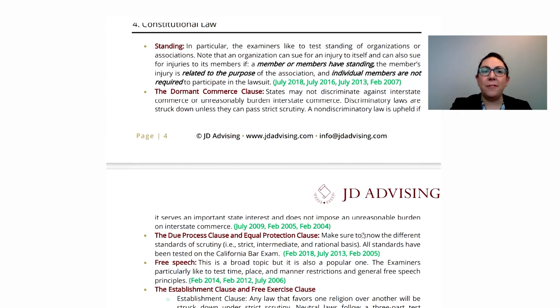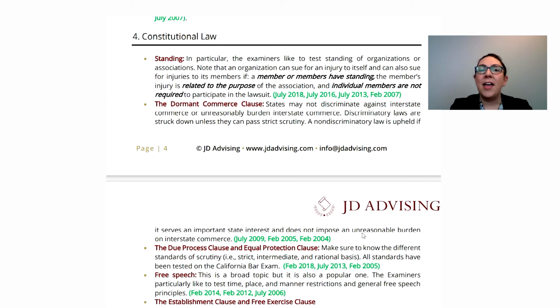I do want to mention the first issue that's identified here as highly tested in constitutional law, and that is standing. Many constitutional law questions begin with an issue about standing. They don't tell you to discuss it.